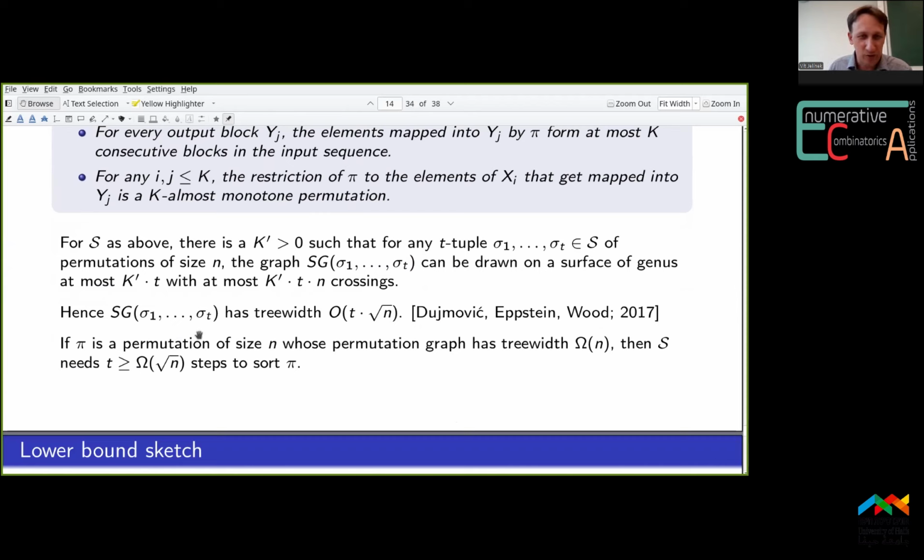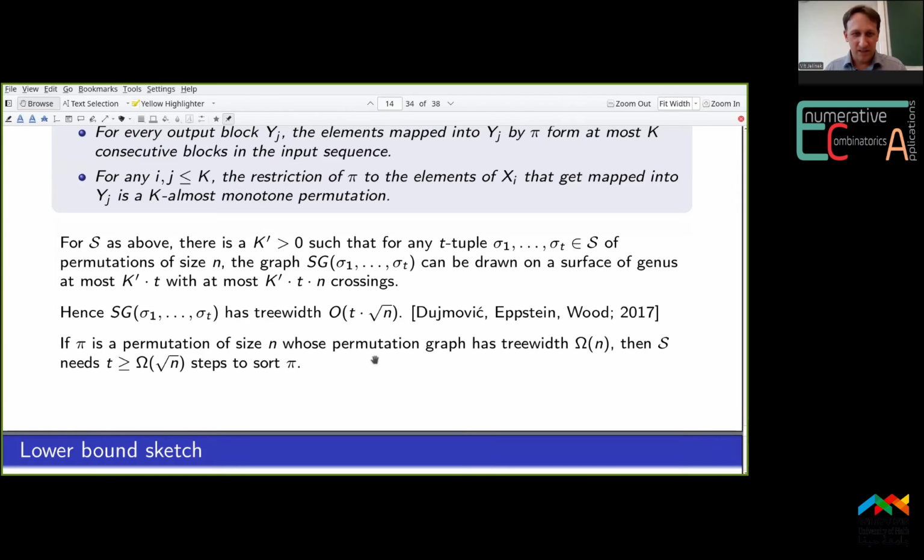If you want to sort every permutation, specifically if you want to sort a permutation whose adjacency graph has tree width which is linear, then also the tree width of the sorting graph has to be linear. So this term t times square root of n has to be at least linear. t is the number of steps, n is the size of input, so the number of steps needs to be at least square root of n.